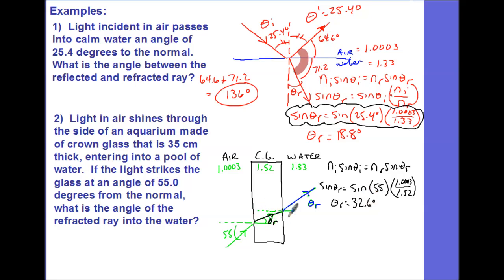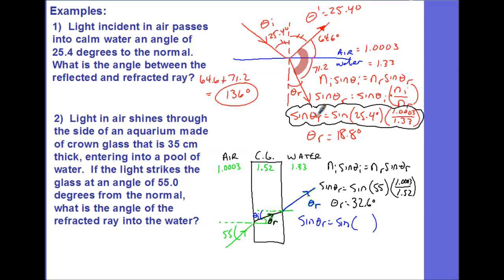Now, when I go to do this next one, I'm going to switch this over to blue. Here, when I go to find theta r, I'm going to recognize sort of like an alternate interior angle idea, that this would be theta incident now for the new light ray. So this angle here, theta r, becomes my incident angle for the next interface. So I'm going to be trying to find, again, theta r here. So the sine of theta r is equal to the sine of my incident angle.